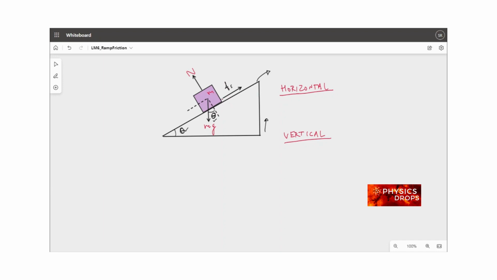When it comes to the horizontal forces, we know Fs is horizontal in this direction, but there is also a component of mg which is in this direction.